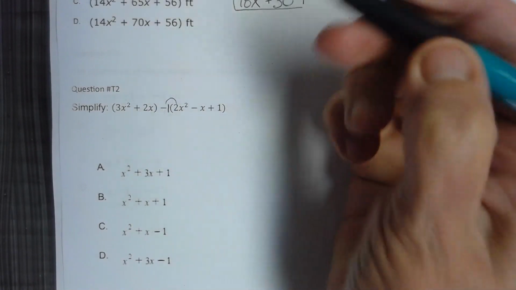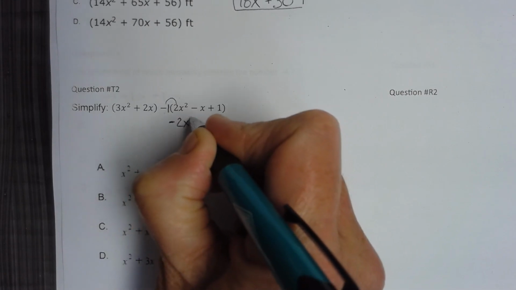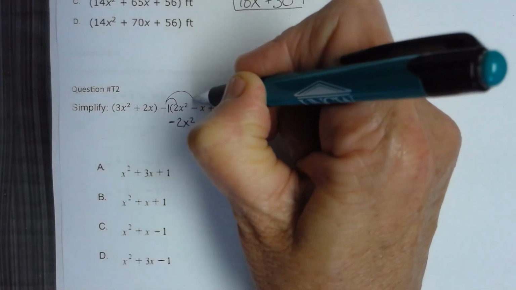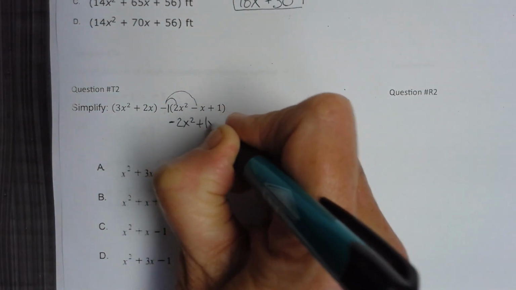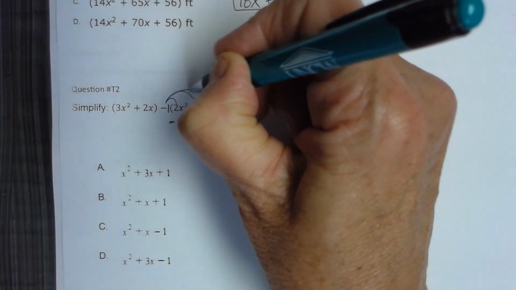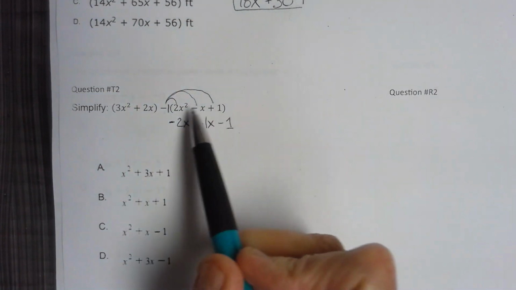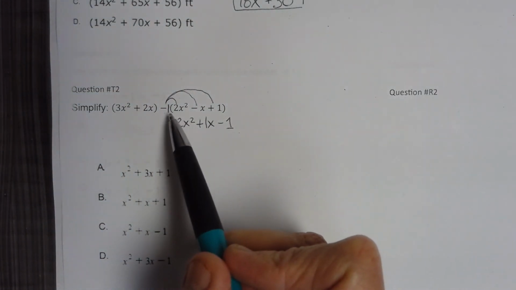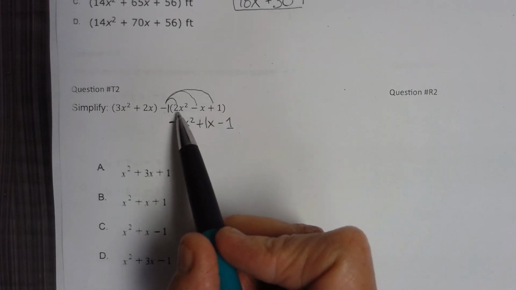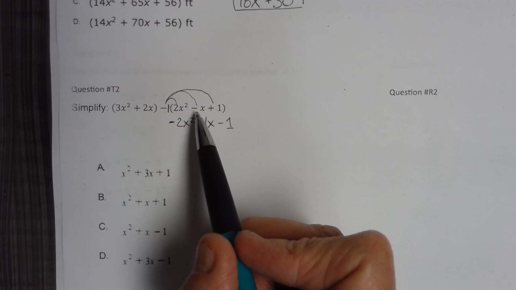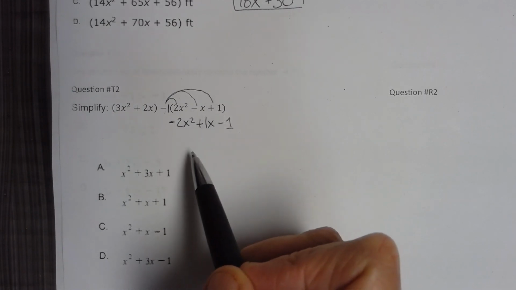So -1 times 2x squared is negative 2x squared. -1 times -1x is a positive 1x. -1 times positive 1 is -1. You can look at this as distributing a -1, or a lot of you just know that means all the signs in the parentheses change. So positive 2 becomes -2, a negative x becomes a positive x, and a positive 1 becomes a -1.